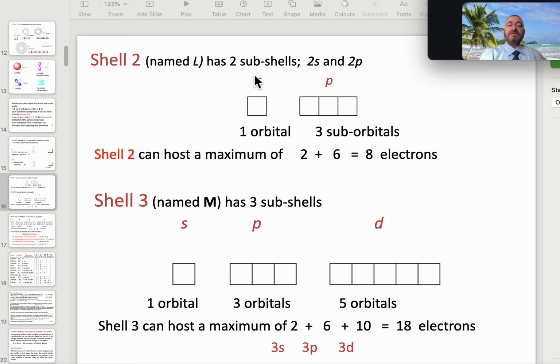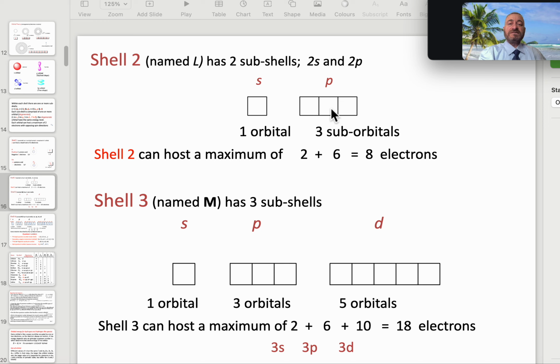S is one suborbital. The 2p has 3 suborbitals inside, and the maximum electrons they can take are 8 electrons: 2 maximum filling in S, 6 maximum filling in P. Why? Because every suborbital can take a maximum of 2 electrons, so 2 times 3 will be 6.